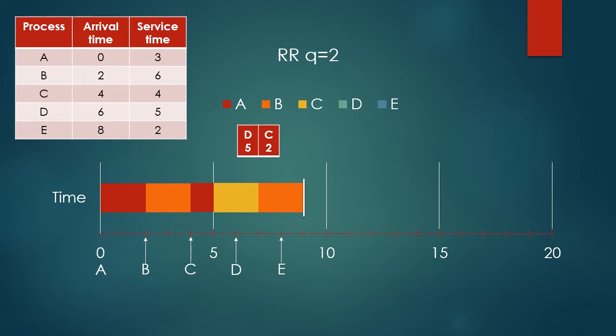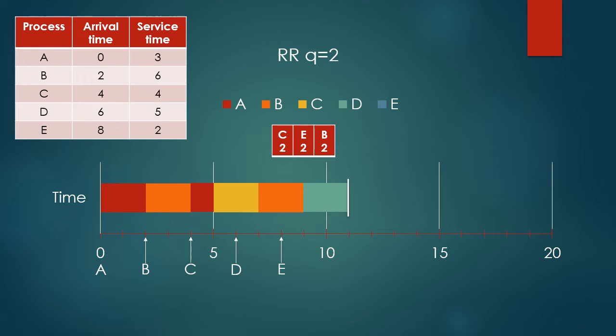B is taken from the head of the queue and given the processor for 2 seconds. At time instant 8, E arrives in the system. The system puts E at the end of the queue. B is switched off the processor after 2 seconds and placed at the end of the queue.